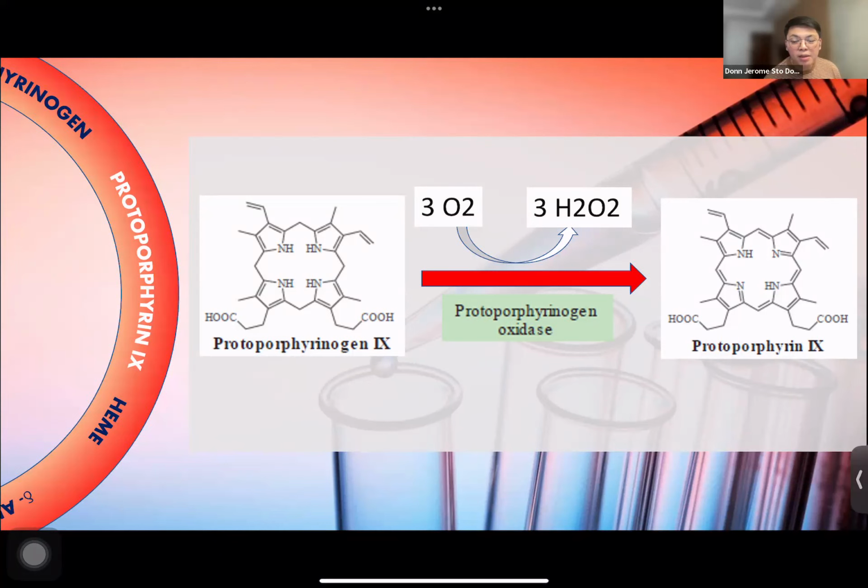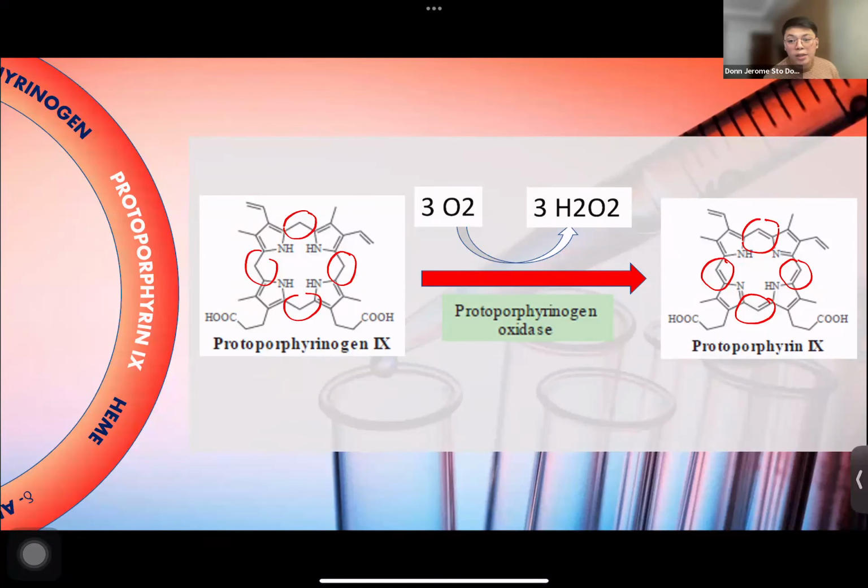Especially in the bridges that connect your porphyrin rings or the pyrrole rings. So makikita nyo, from single bond, naging double bond. So yan yung makikita natin sa porphyrins, presence of double bond. So porphyrins is the oxidized form of your porphyrinogens.